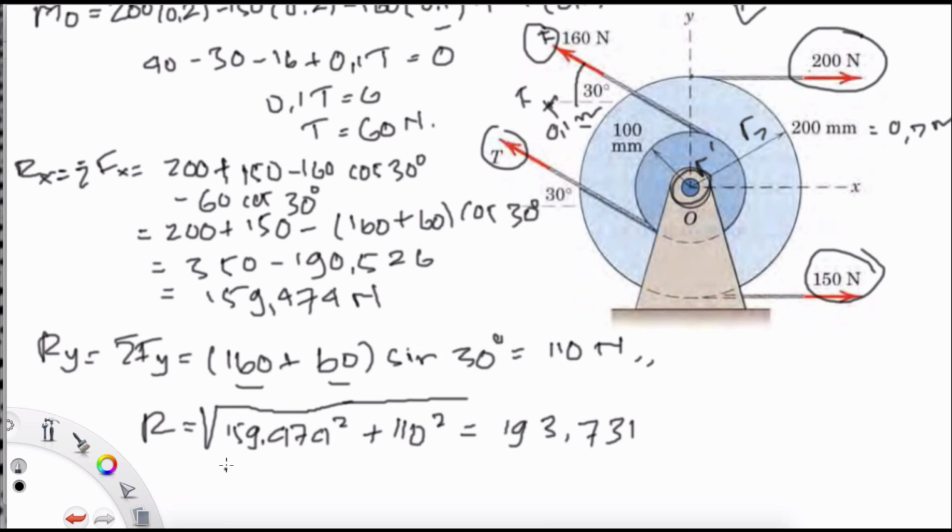For this resultant, we can use the Pythagorean theorem, the square root of Rx squared plus Ry squared, and it will be 193.731 Newton. And what about the angle, which is referred to as theta here?